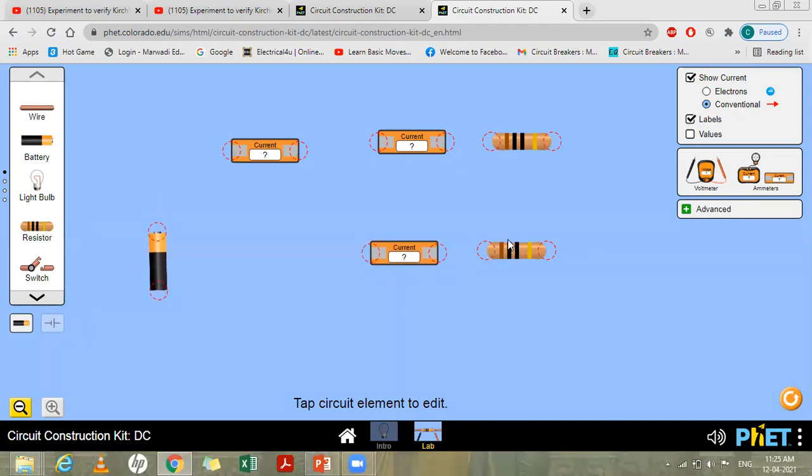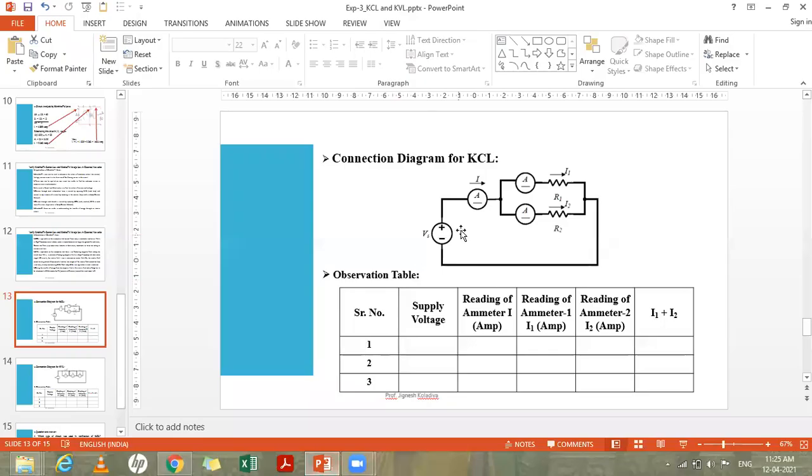Take all the components and connect them as per this diagram. Everyone has to do it.